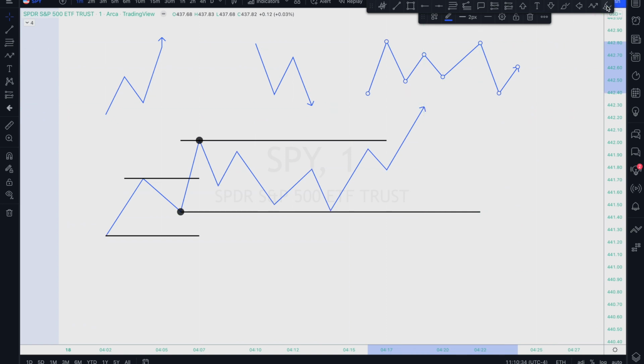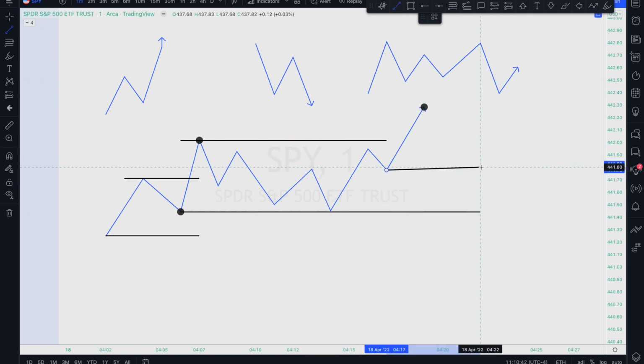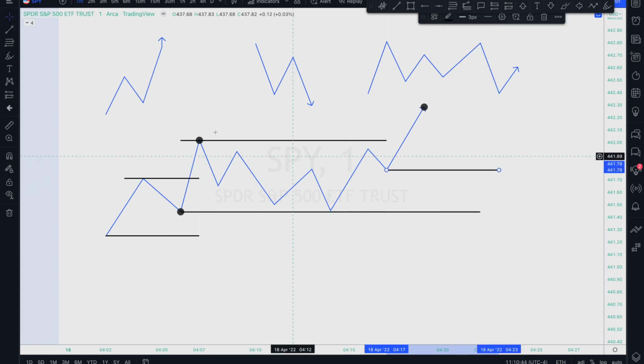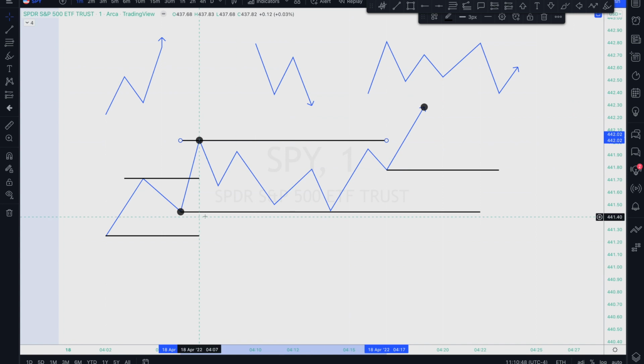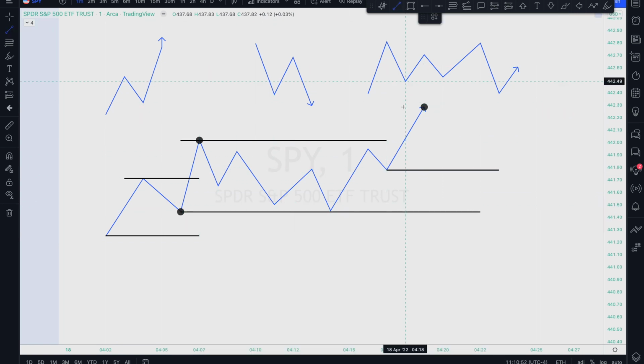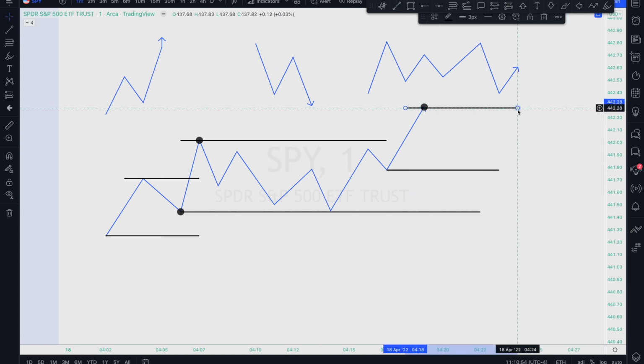And this is simply now we have a high, right? We have the leg that created the high, which would be right here. And this is our new market structure, right? So if we have a higher high, a higher low, a higher high to a higher low.